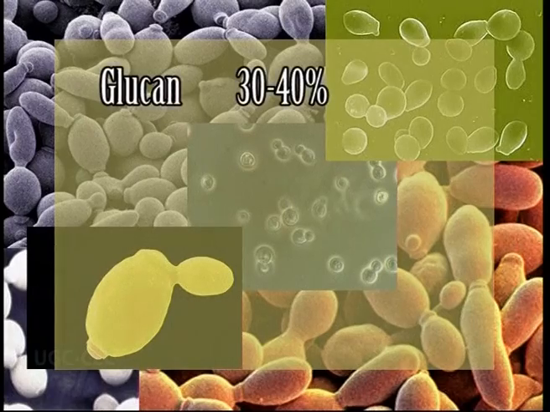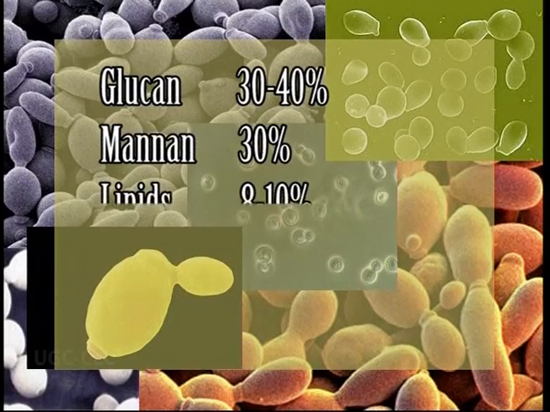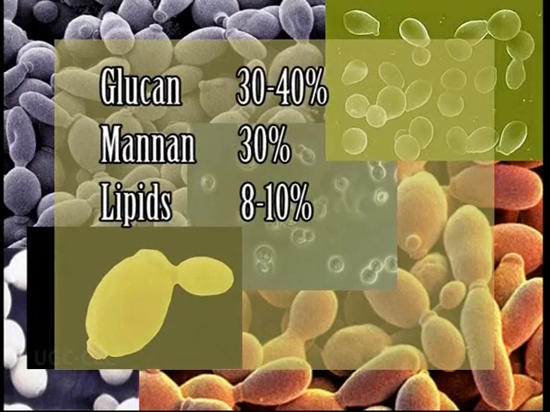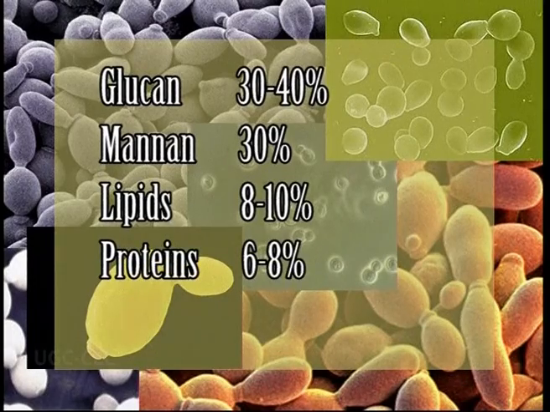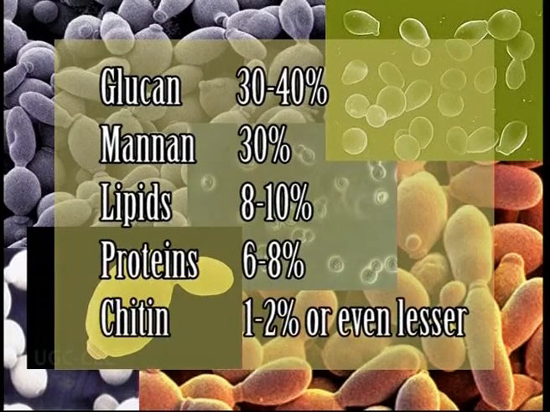The percentage of different constituents in the cell wall is glucan 30 to 40%, mannan 30%, lipids 8 to 10%, proteins 6 to 8%, and chitin 1 to 2% or even less. The plasmalemma tightly adheres to the cell wall and has increased surface area due to the presence of shallow pits and invaginations.